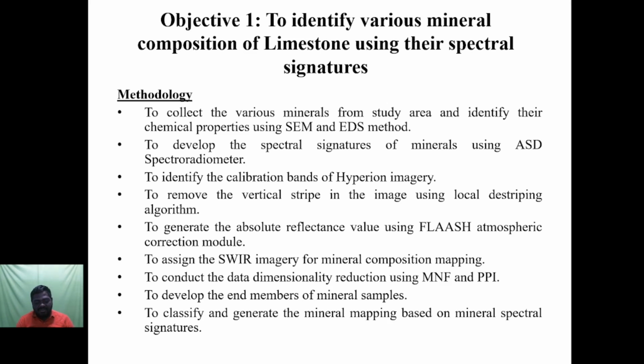For the spectral signature generation, there are many classification approaches, like the pixel-based classification approach and the subpixel classification approach. In the pixel classification approach there are the spectral angle mapper, spectral feature fitting, binary encoding, and linear spectral unmixing, a lot of methods. But from our point of view, we are going to use the spectral angle mapper, SAM, method only.